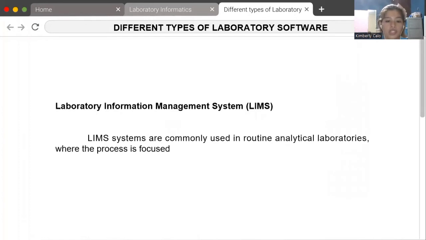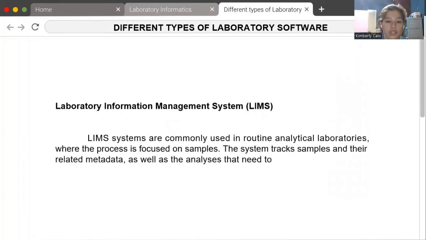So next is the LIMS or Laboratory Information Management System. LIMS are commonly used in routine analytical laboratories where the process is focused on samples. The system tracks samples and their related metadata as well as the analysis that needs to be done and the results of analysis.